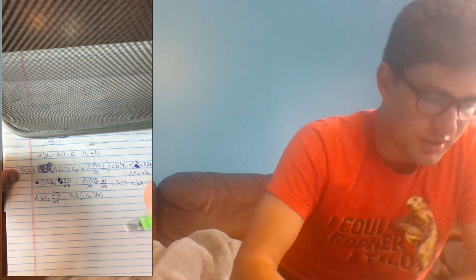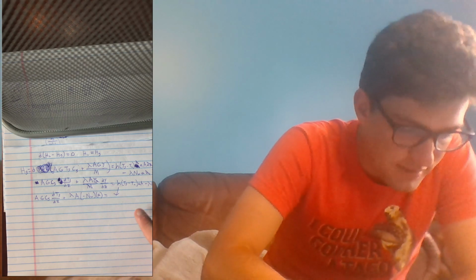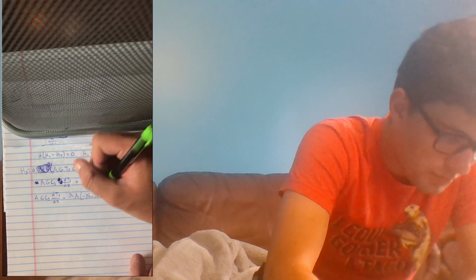Okay, so that's what we've got so far, and this is equal to the other side of the equation, which I'm just going to write like that. One thing we do know is we have A in every single spot, so we can cancel those out. Basic algebra, I'm not going to run you through this.